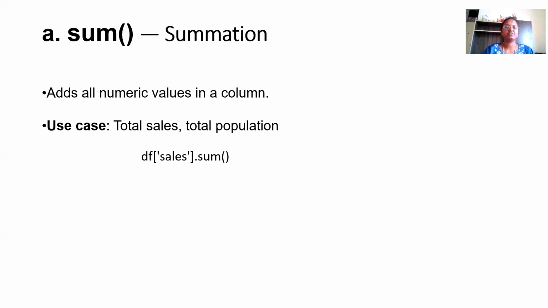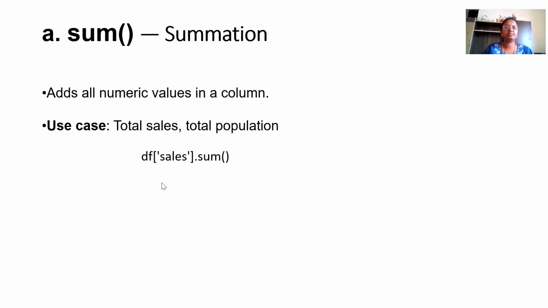The first aggregate function is summation. Here we can add all numeric values in a column. Again, to remind you, the keyword aggregation is nothing but grouping. So we perform grouping operations in every data analysis step, and that is called an aggregate function. In the summation aggregate function, we are adding all numeric values in a column. The use case examples are total sales, total population.